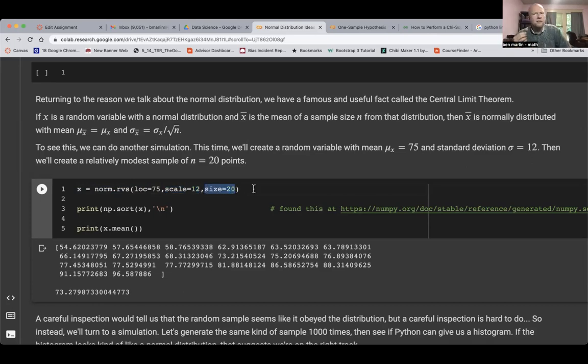To make that a little more concrete, that is basically what I tend to see in the average statistics class: the average for an exam tends to be about 75%, the standard deviation tends to be about 12%, and I said size of 20 here.